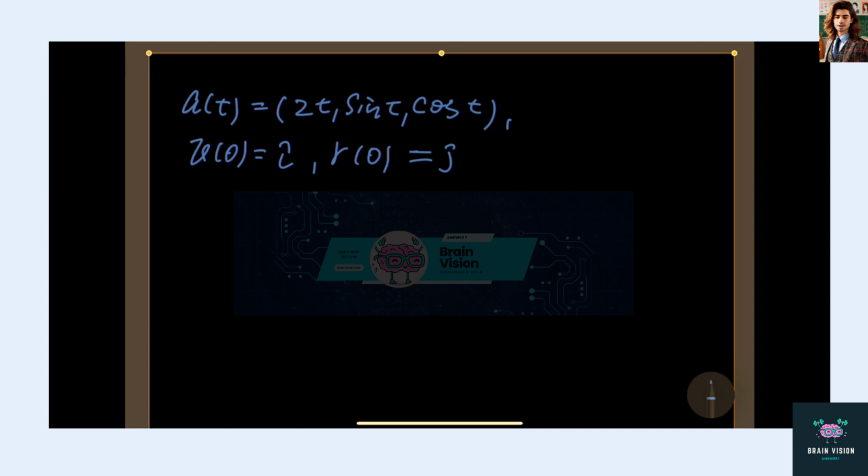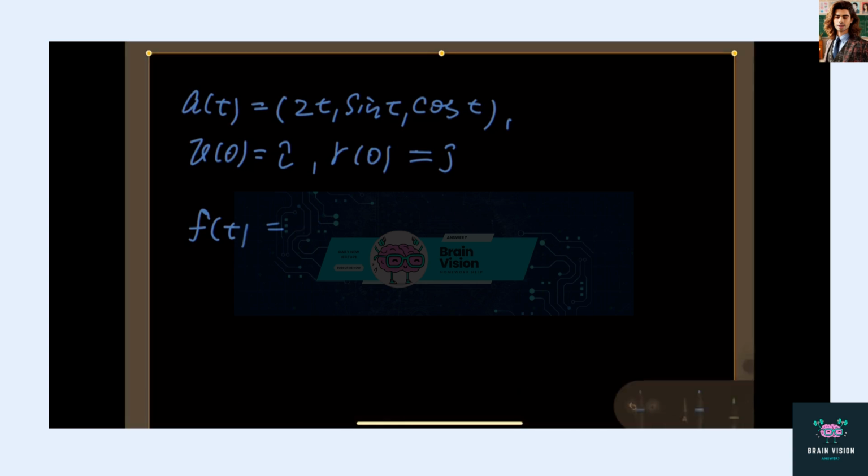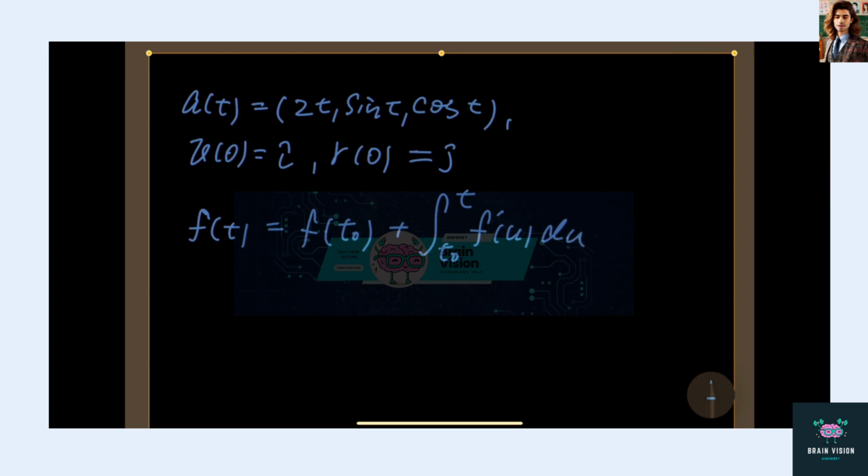Okay, so now first of all, if a function f is integrable, then it can be written as f of t0 plus the integral from t0 to t of f prime of u du.